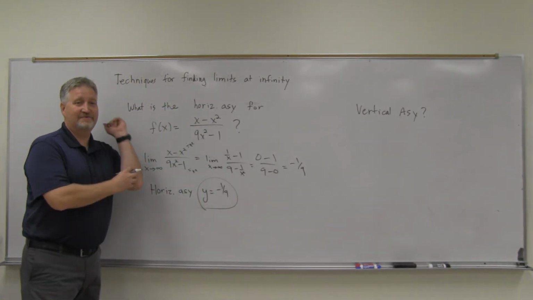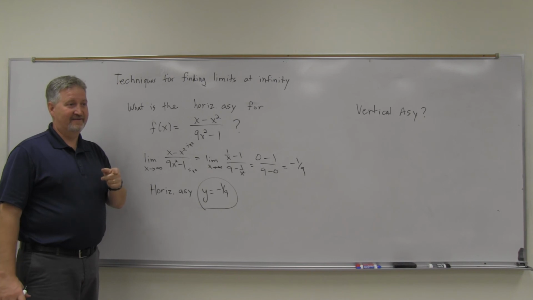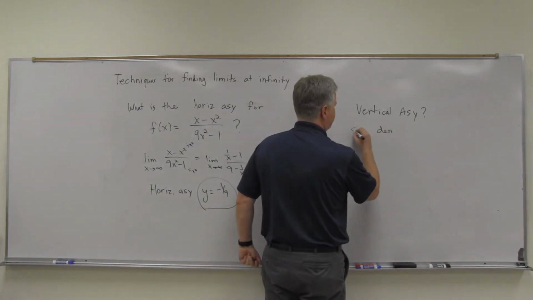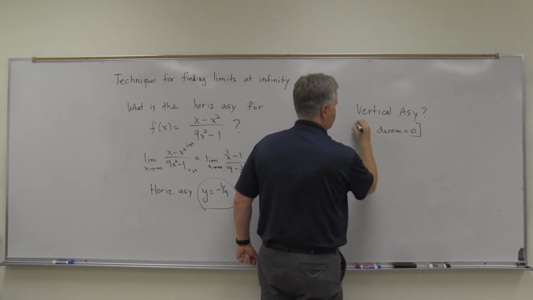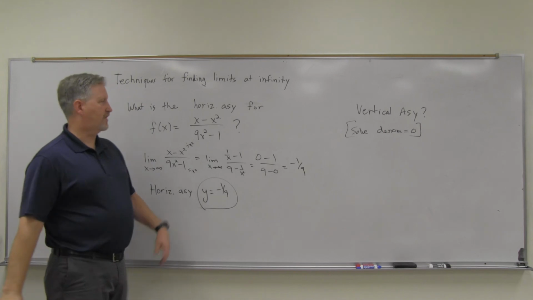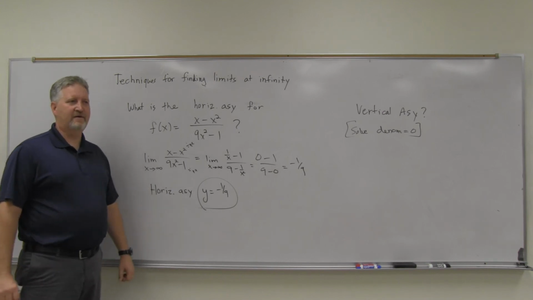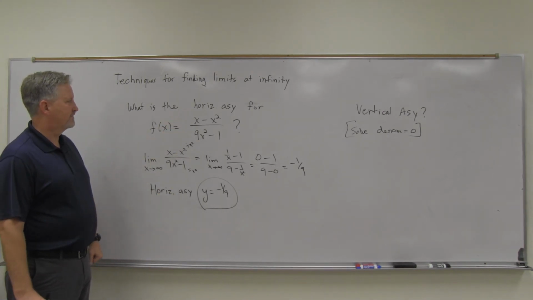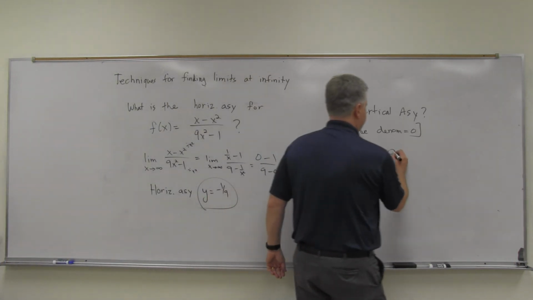The vertical asymptotes you find from a function such as this by setting the denominator equals 0, unless something cancels out. So you're just going to do 9x squared minus 1 equals 0.